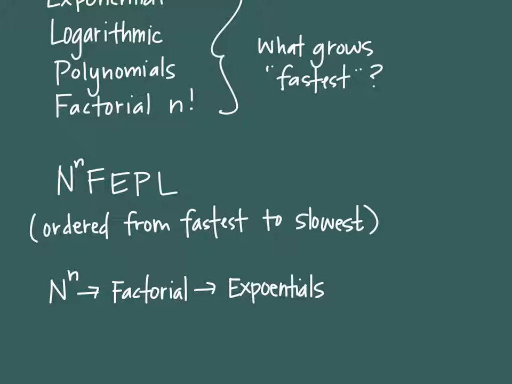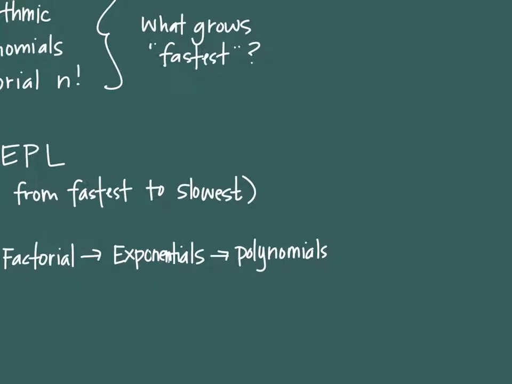Then we have polynomials. They're second to last. An x to the 9 function is still going to grow fairly quickly, but not as fast as an exponential. And then, of course, last is logarithmics.